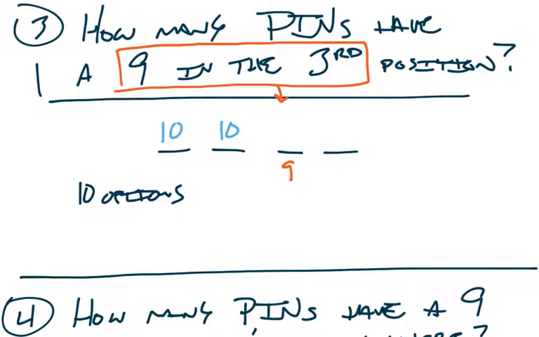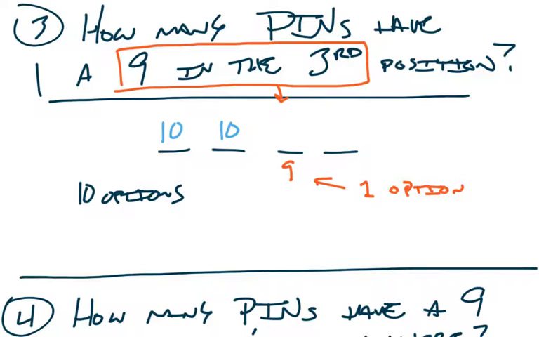And now here's where you need to be a little bit careful. Because the third number has to be a 9, how many options do you really have for that third spot? Well, it has to be a 9. It can't be anything else. So there's only one option. Right? If it has to be a 9, there's only one possibility.